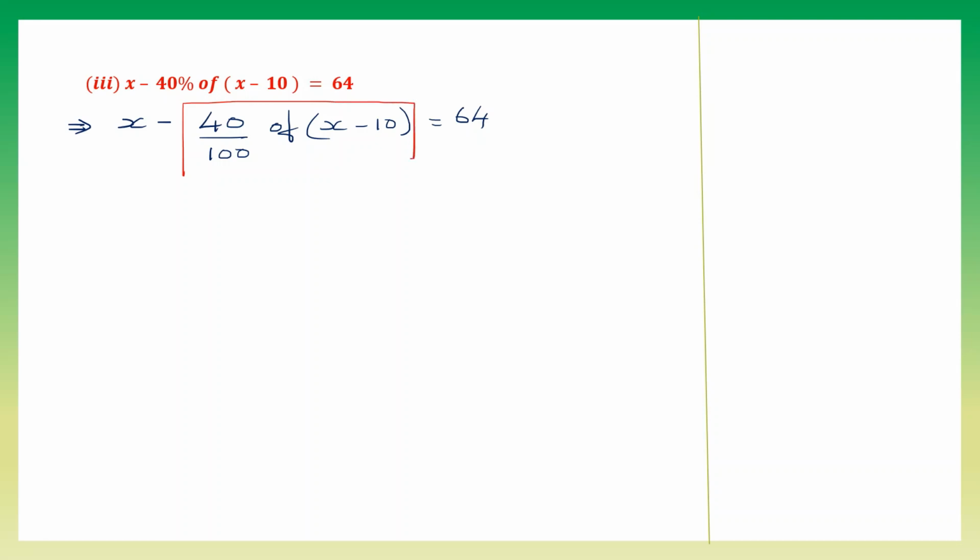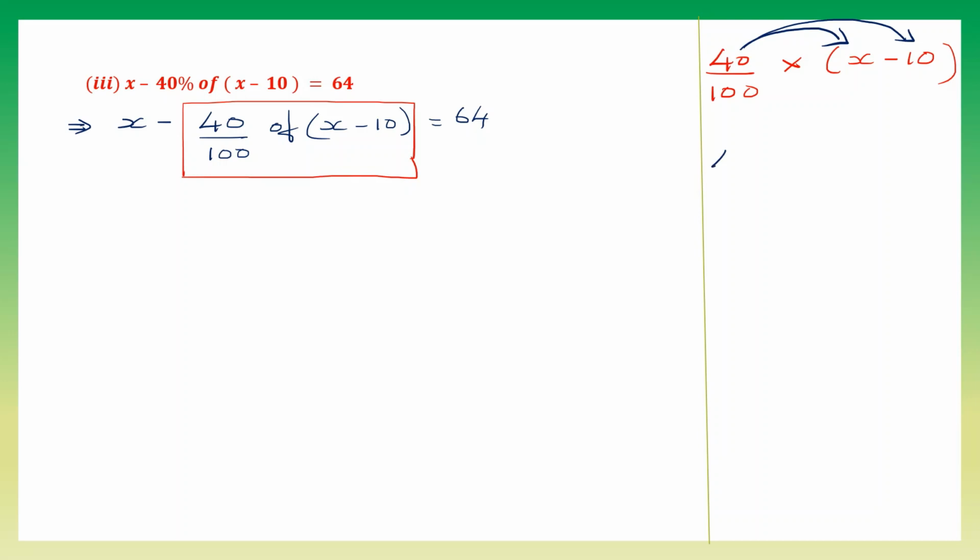So let's do that in the working column. So let's take that 40 by 100. Of means into x minus 10. So that means I'm multiplying the numerator. So let me multiply first 40 into x, and then I multiply 40 into minus 10.